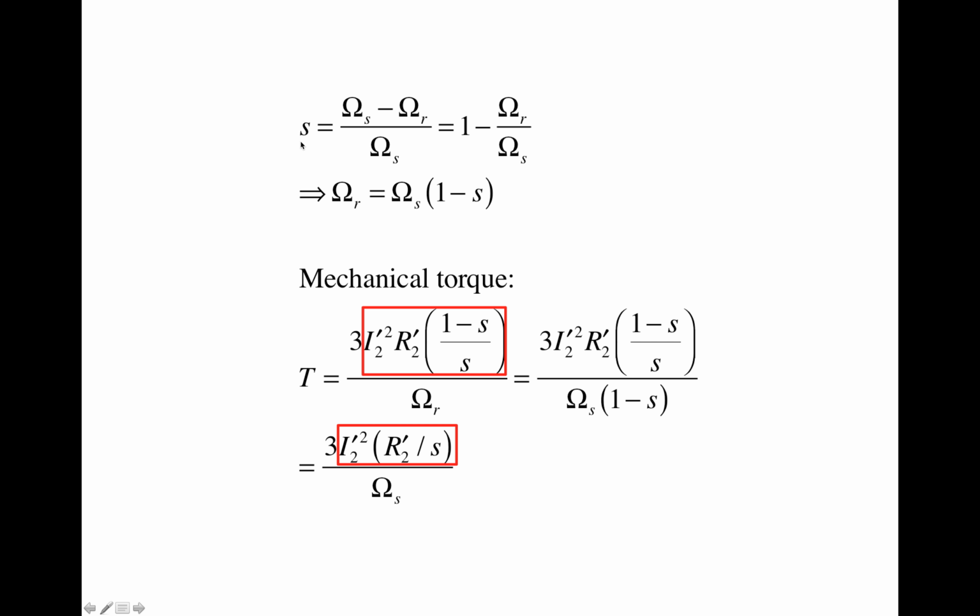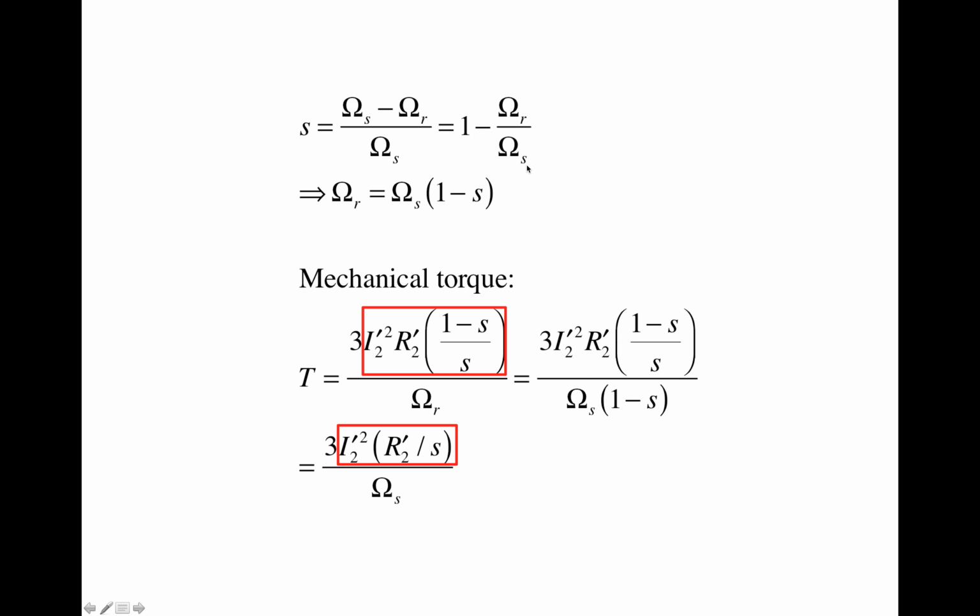And then the slip equals to what? Slip equals the synchronous speed of the rotating magnetic field inside the stator, subtract the angular speed of the rotor, and then normalized by the synchronous speed, capital omega s here. Then we can simplify it into 1 subtract omega r divided by omega s.